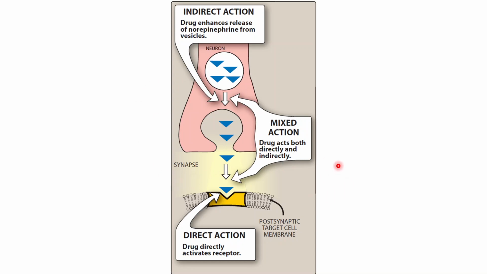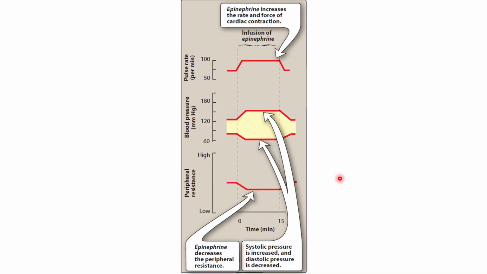And there is also a third group that is mixed action agonists like ephedrine and pseudoephedrine that can do both. Direct acting agonists bind to adrenergic receptors on effector organs without interacting with the presynaptic neuron. And ephedrine is the most commonly used drug in the world today.